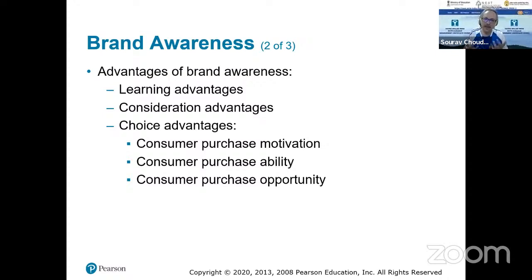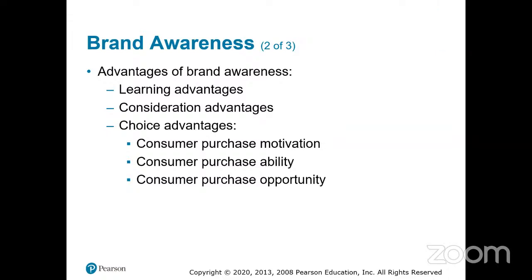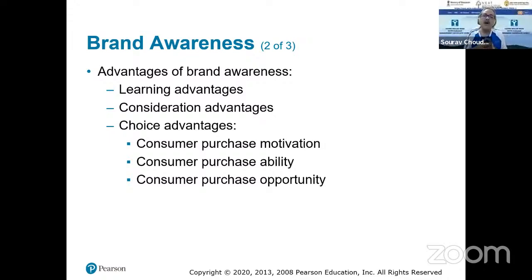I am aware of the Apple phone. Okay, I have a huge knowledge about it; with the awareness comes a lot of learning and knowledge about the Apple phone. Then when I think about buying a phone, I consider buying an Apple phone. However, when it actually comes to trial, then there's a question of choice.